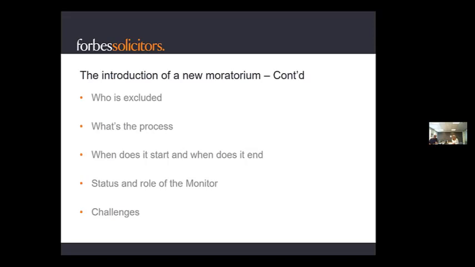The Act creates new offences of fraud during or in anticipation of a moratorium and false representation to obtain a moratorium. But again, as Michael discussed earlier, we will have to see how all of this plays out, as I'm sure it will do in case law over the next 6 to 12 months. And that's the moratorium covered.